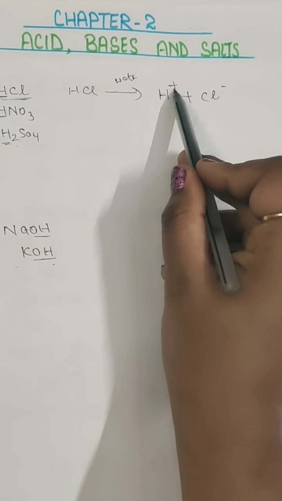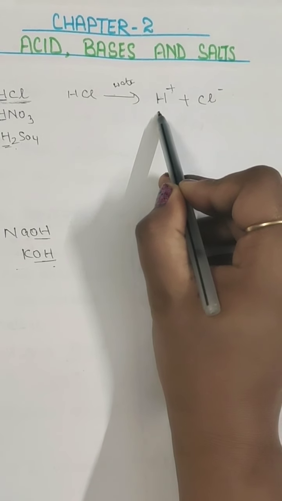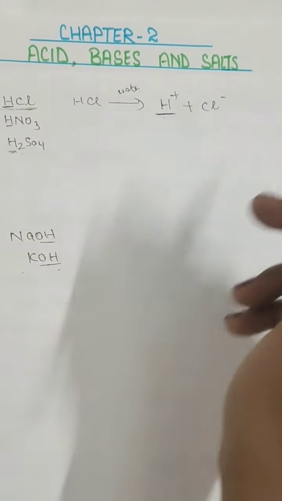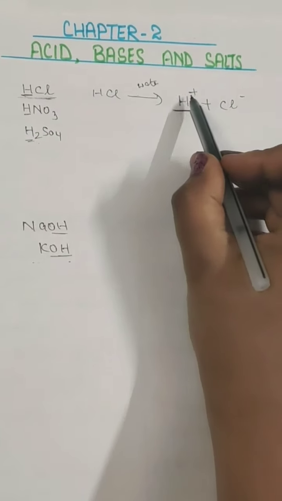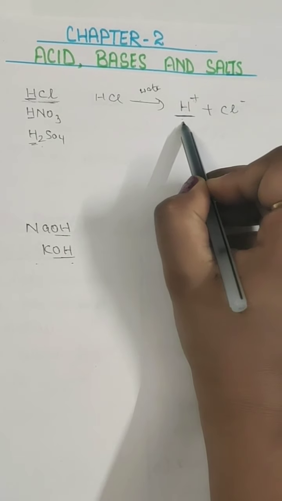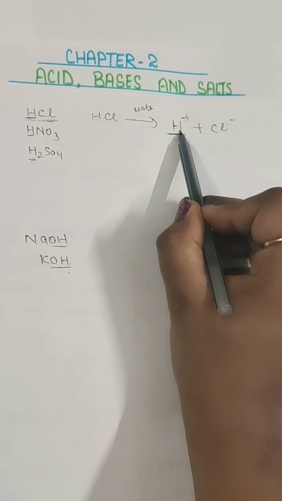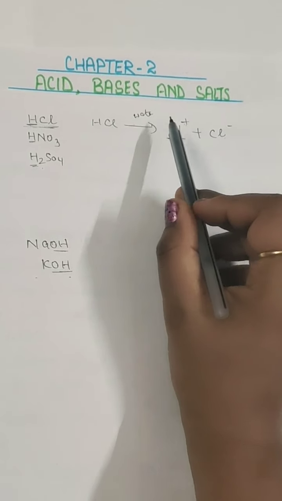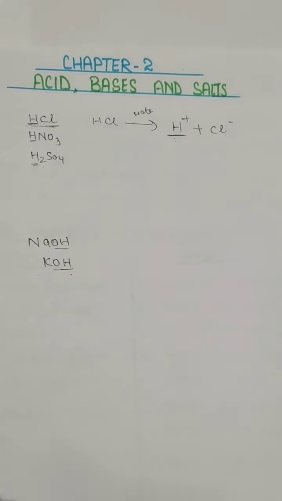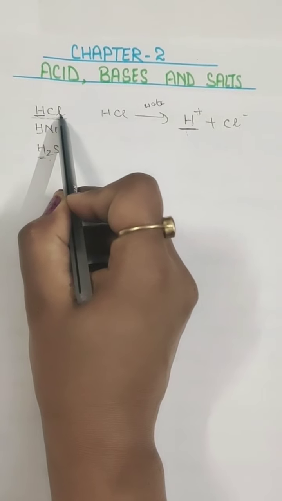Whenever we write any plus or negative sign on any element, it is called an ion. I hope you remember, which we have learned in class 9th. Since here is a positive ion, it is called a hydrogen ion and it is a chlorine ion. Hydrogen ion is formed positive because here the hydrogen atom donates one electron to the chlorine atom. That is why they combine with each other.